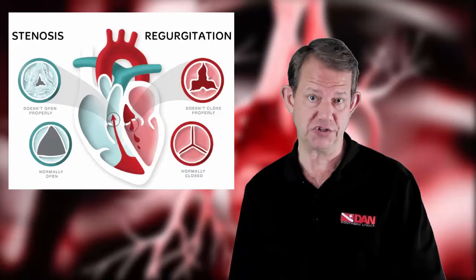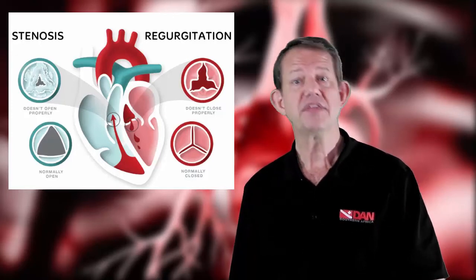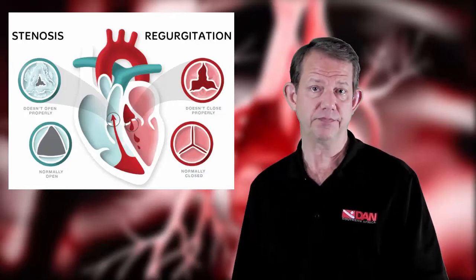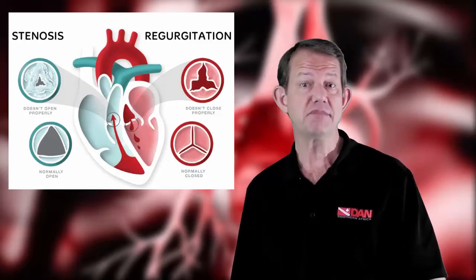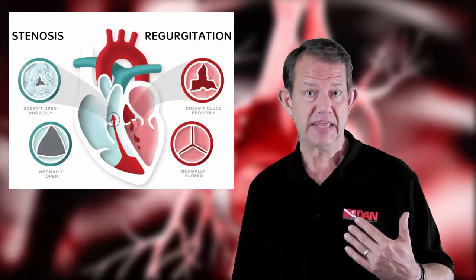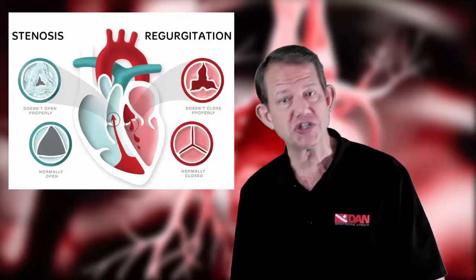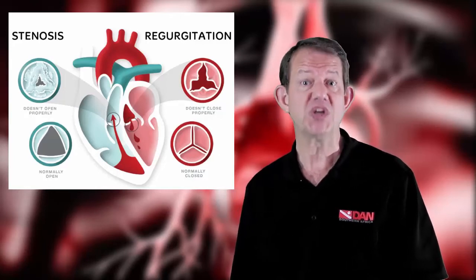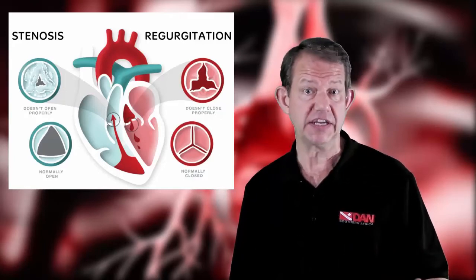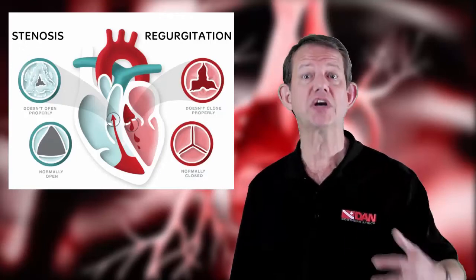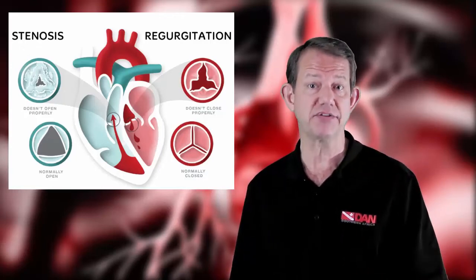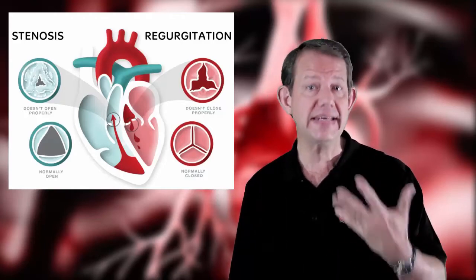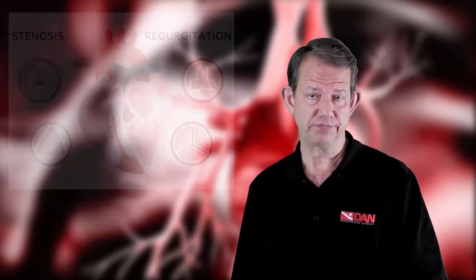The other problem is that a valve doesn't close completely, and in that case, blood may flow backwards in a condition called regurgitation, incompetence, or leaking, which can then overload the heart in a different way because it has to work twice as hard to get the blood through, which may then lead to dilatation or widening of the heart's cavities.